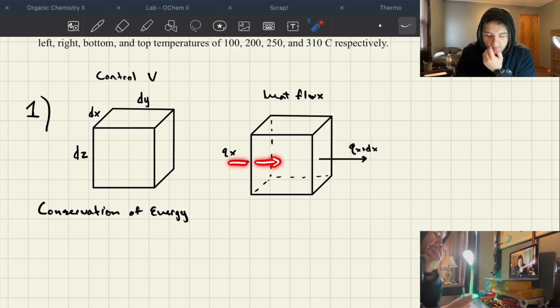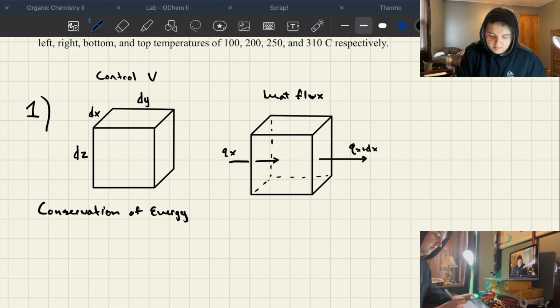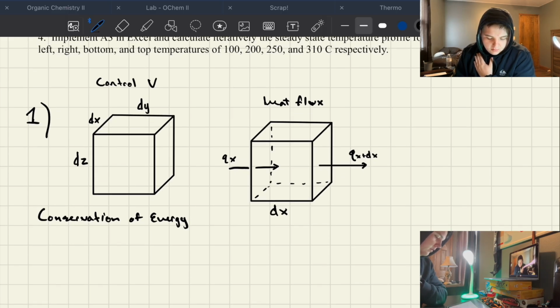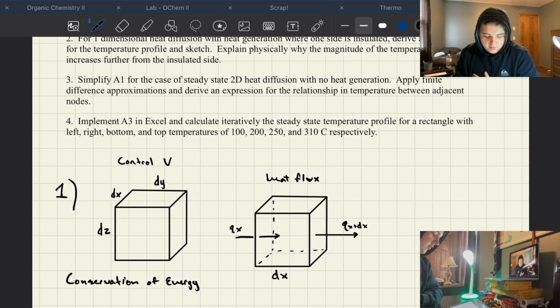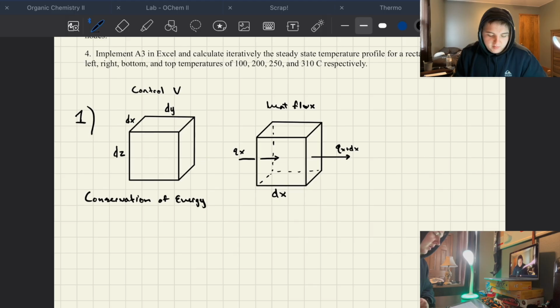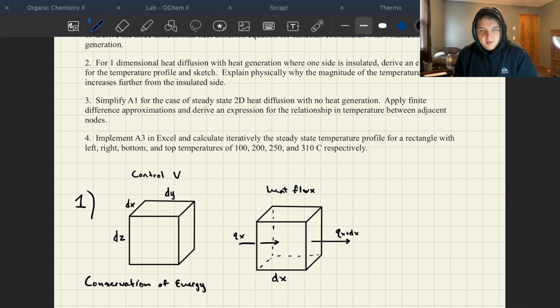So on this side we're going to have our heat flux as qx, and then once it reaches the other face on the other side of the axes, it's going to be our heat flux of qx plus dx, insinuating that this length is going to be dx. Okay, cool. And then we're going to derive our conservation of energy equation using our heat flux values.